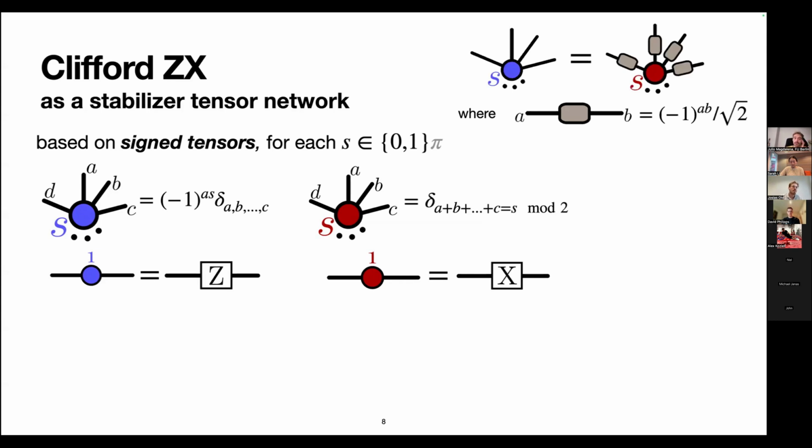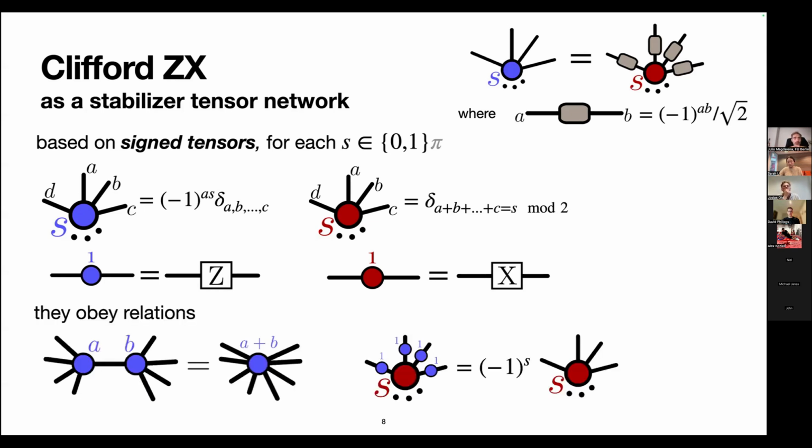And they are dual to each other in that you can apply a unitary, a Hadamard, depicted by a box, to every edge that goes out of that spider to map from one to the other. Moreover, they obey relations that let you split and fuse them, thereby adding the signs mod 2, or mod 2 pi if you want to think about the phases.